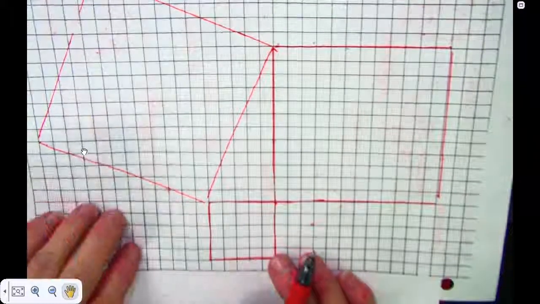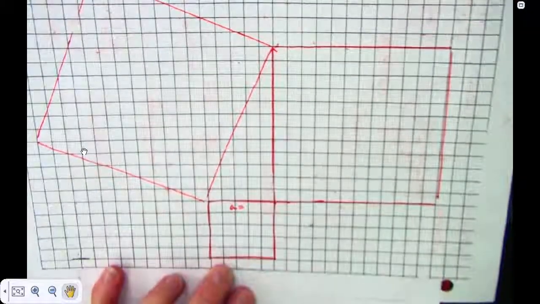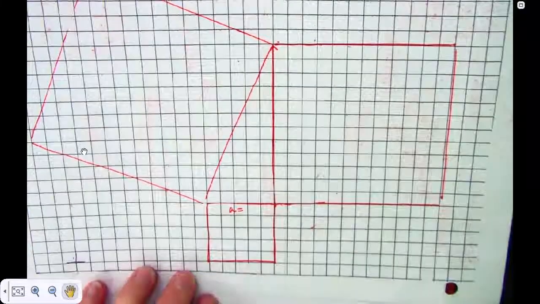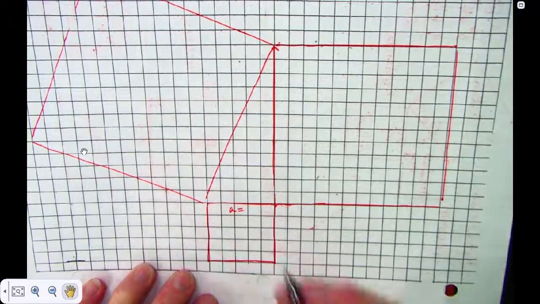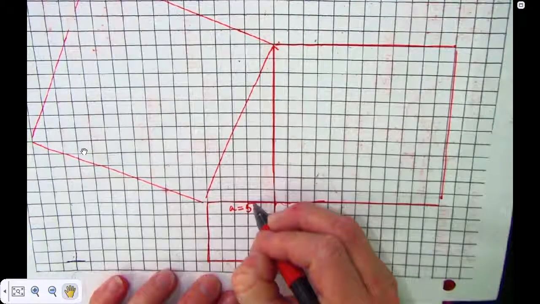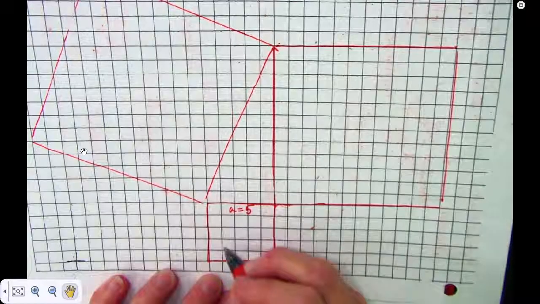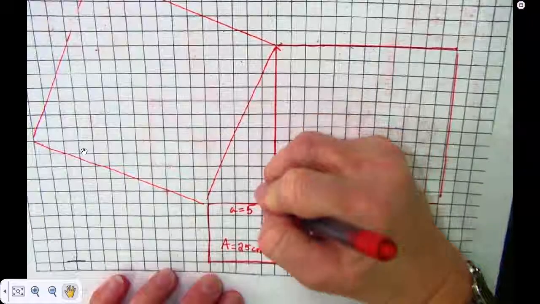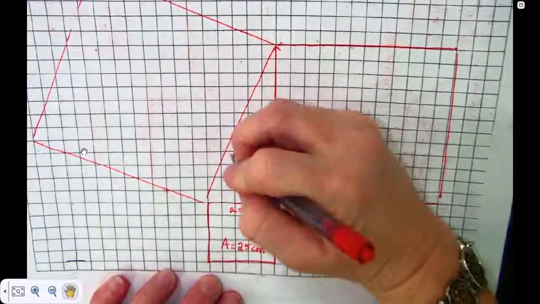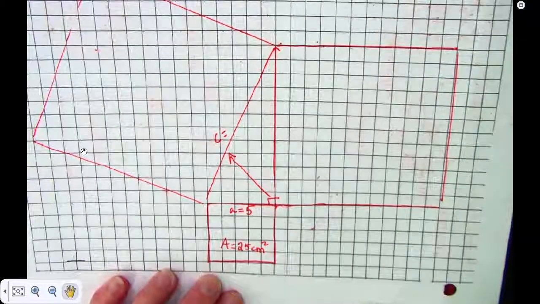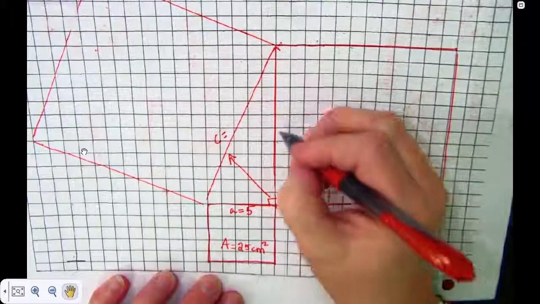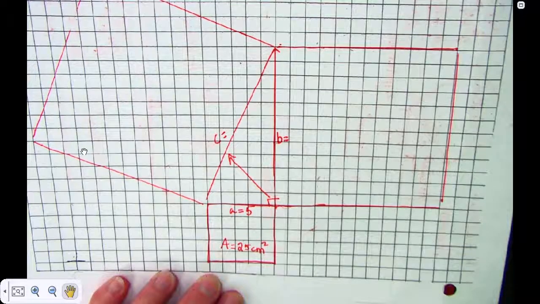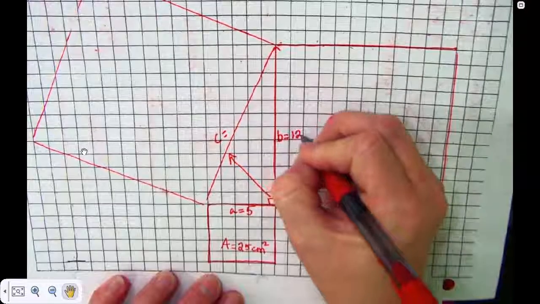Okay, so side A. What's the area of that square? Draw your right angle, and let's draw an arrow over there. That's side C. B is what? B is 12.